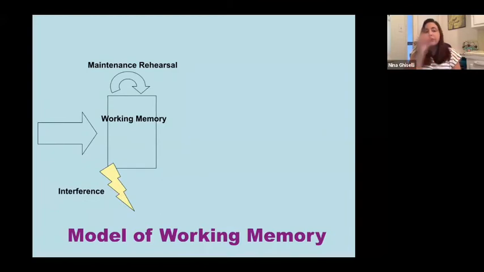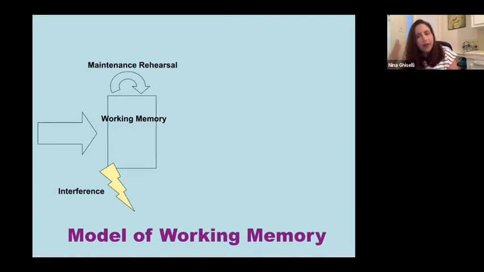But if there's interference, that is going to mess you up. So if I'm doing 8675309, 8675309, and somebody comes up and they interrupt me, especially if they interrupt me with a number, that is going to throw me off. That is interference, and that interference will either make me forget, or I would have to get back into the groove.